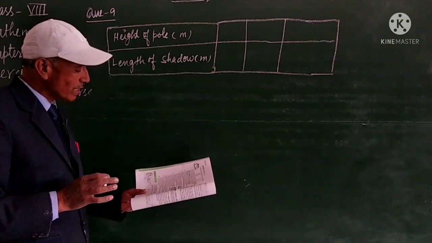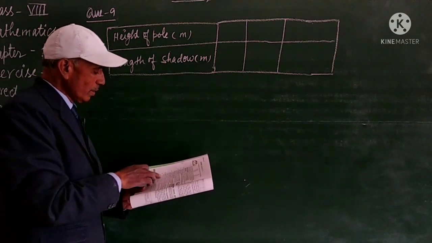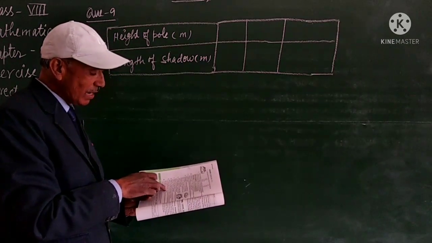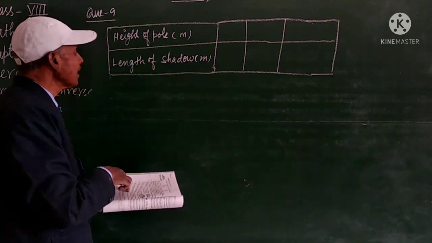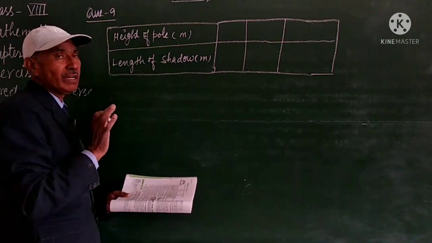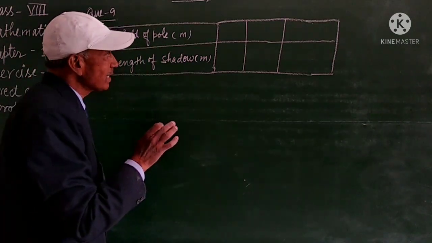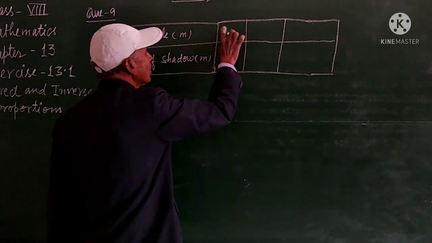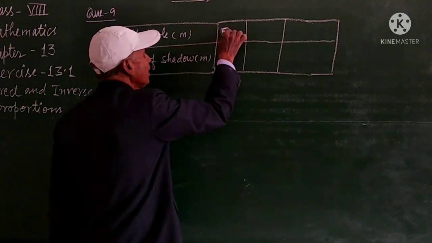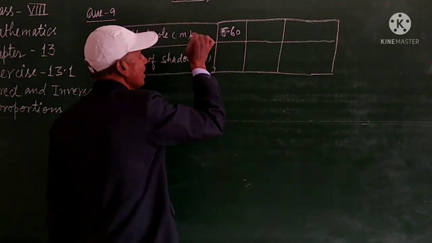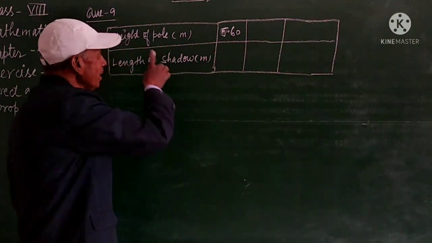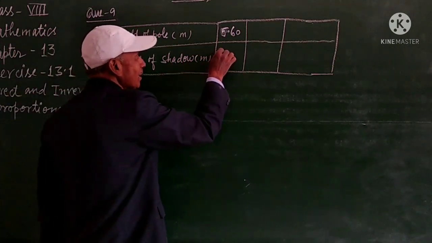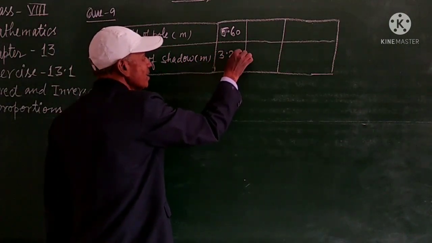So first is given, a 5 meter 60 centimeter high vertical pole. So the height of the pole is given, that is 5 meter and 60 centimeter, 5.60 meter. And the length of the shadow at that time will be 3 meter 20 centimeter.